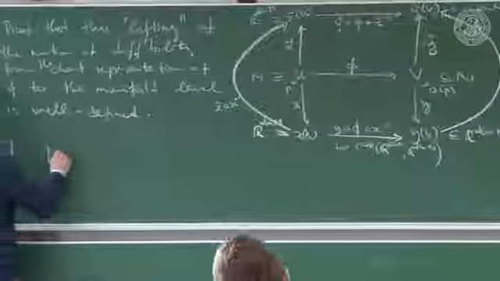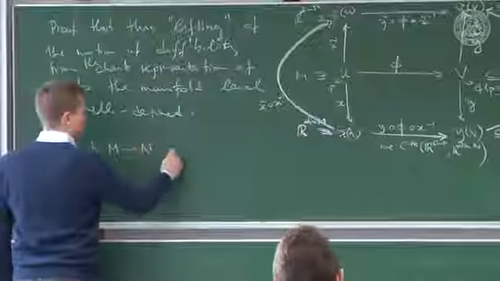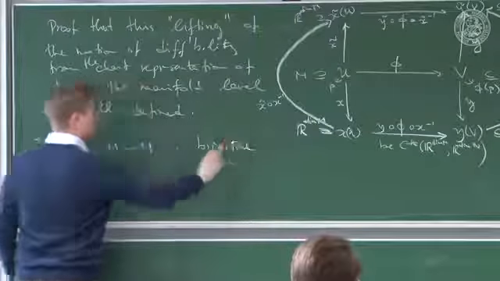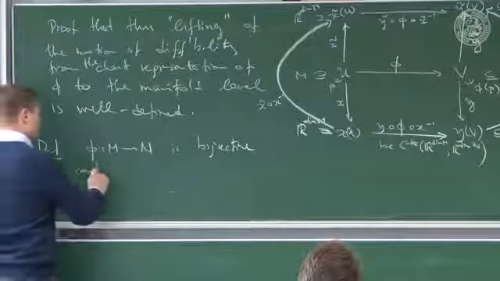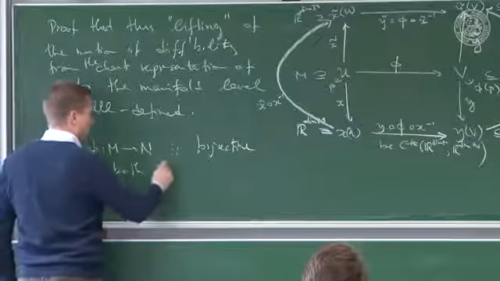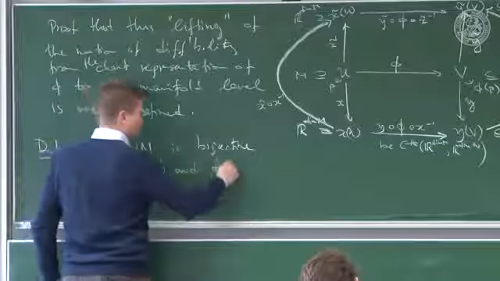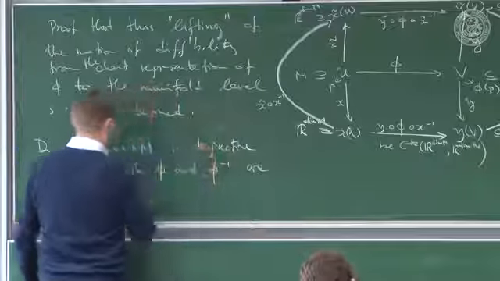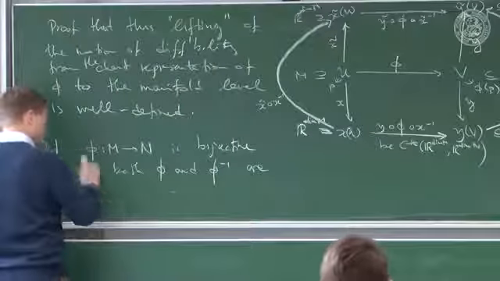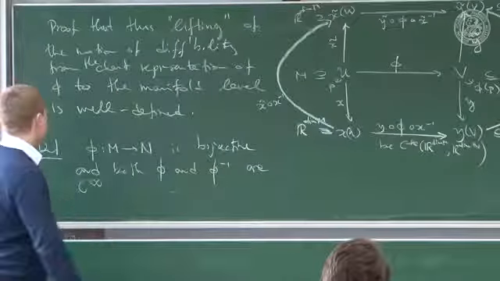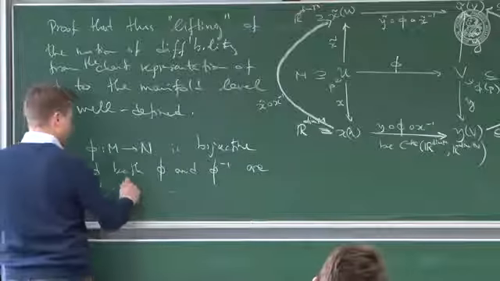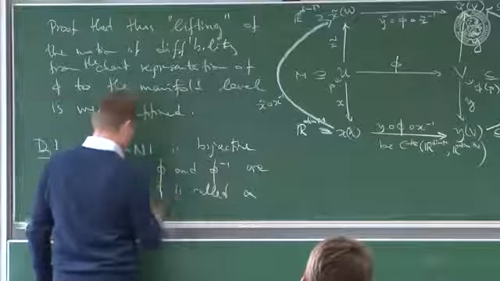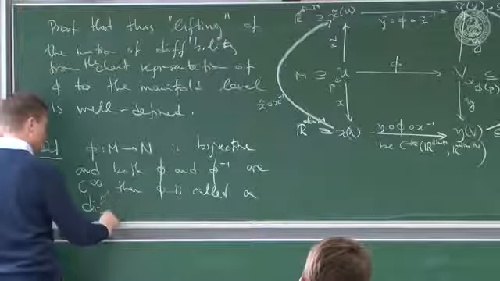Now, definition. If this phi from M to N is bijective as a map between sets, and both phi and its inverse, which then exists and goes from N to M, are C infinity, we could call it CK, but let's say C infinity, then phi is called a diffeomorphism.